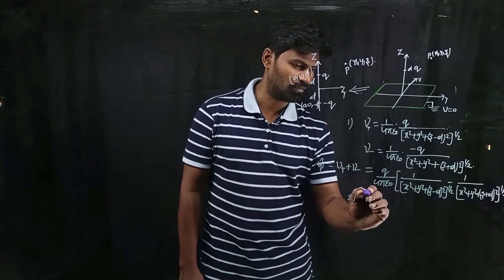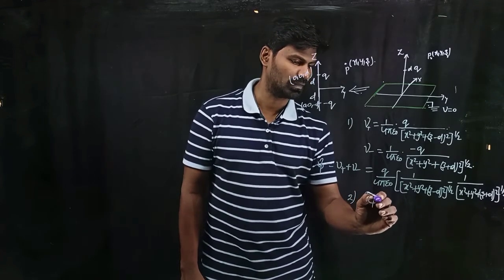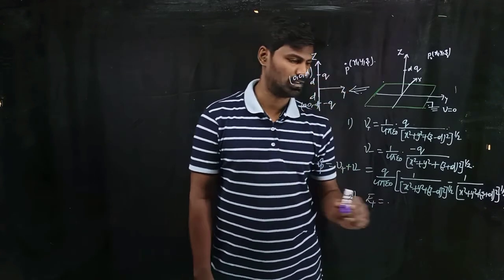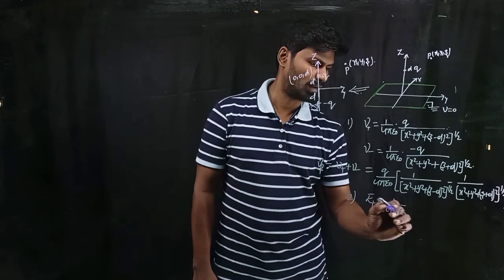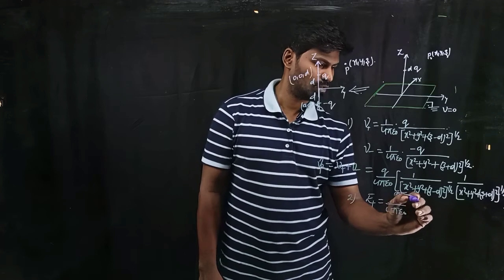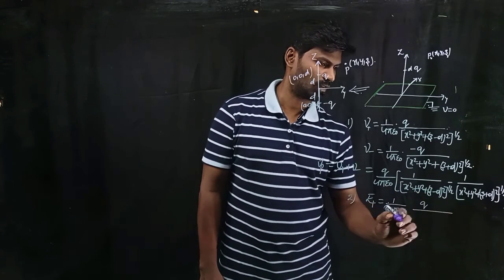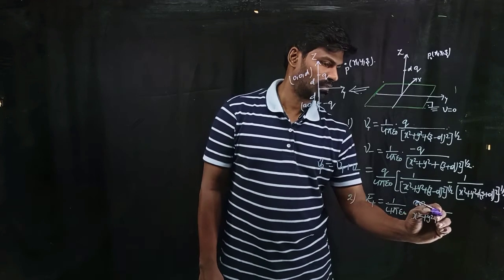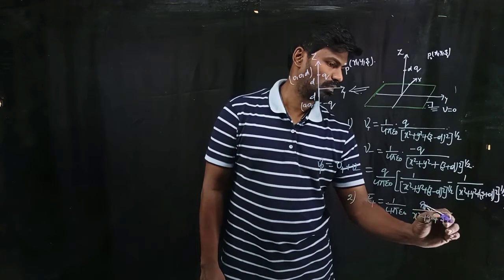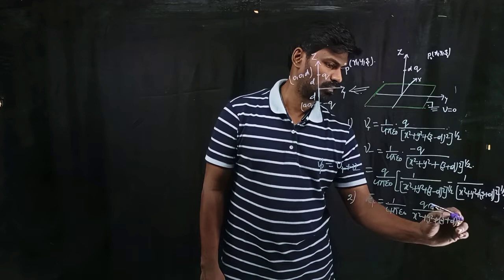Therefore the field at point P, E plus, that is due to this positive charge, is given by 1 divided by 4 pi epsilon naught into Q divided by R square. R square is how much? x square plus y square plus (z minus d) whole square.